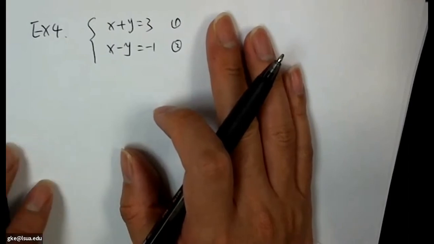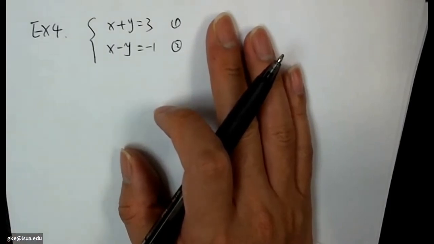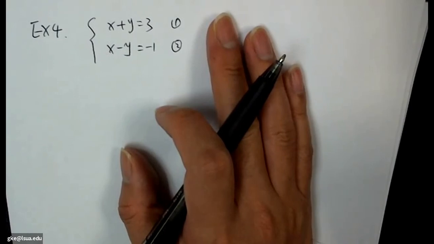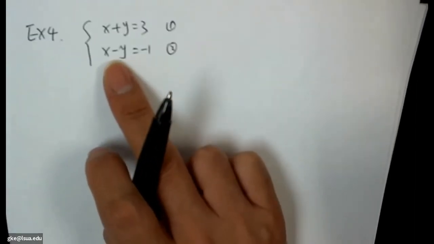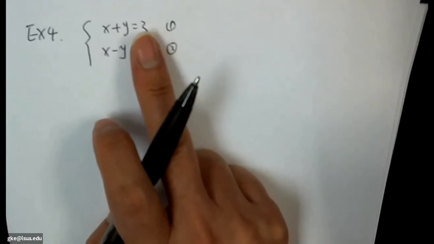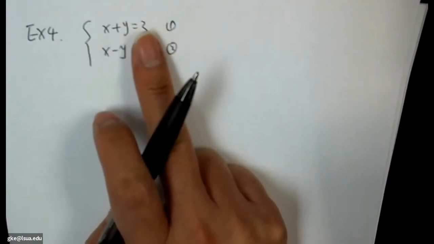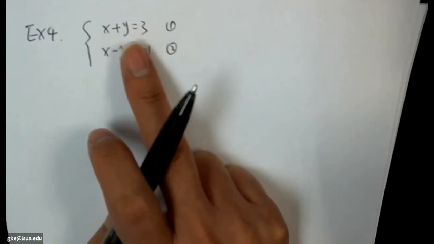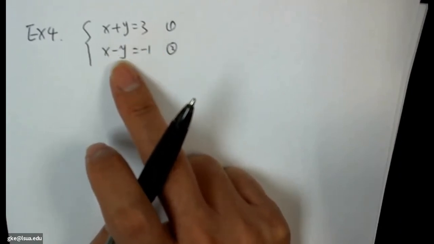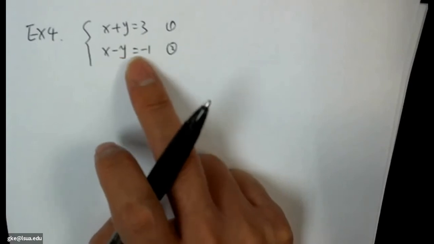There are two ways to solve it from your college algebra. The first way we call substitution. For example, I let x equals 3 minus y from the first equation, and then plug this x equals 3 minus y into the other equation, right?